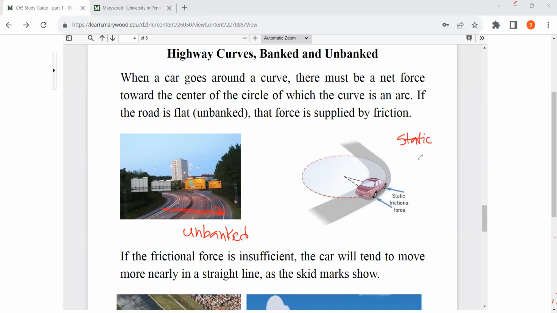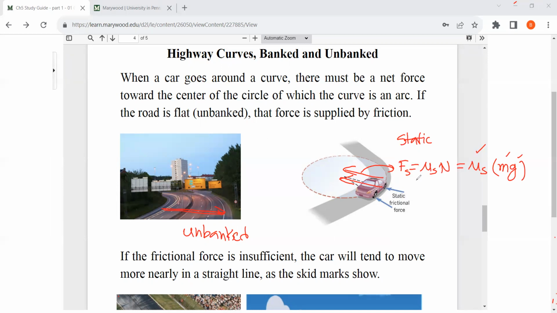The direction of the centripetal force is in this direction. The direction of the static friction should be in this direction, and the mathematical definition of static friction is this. If you know the coefficient of static friction, the car's mass, and the gravitational acceleration, you can immediately determine the static friction.